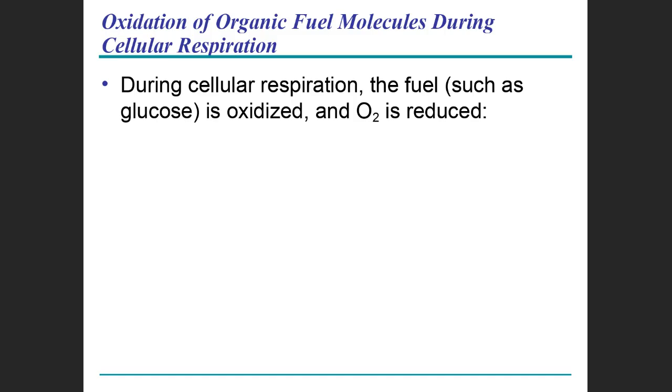So during cell respiration, the fuel, which is most commonly glucose, is going to be oxidized, and the oxygen is going to be reduced. Right, so a glucose molecule is a fully reduced molecule, right? It's got all the electrons it needs, all the hydrogens it needs. Now the oxygen, which is O2, is bound to itself, but it can be further reduced. It can gain more electrons and become water.